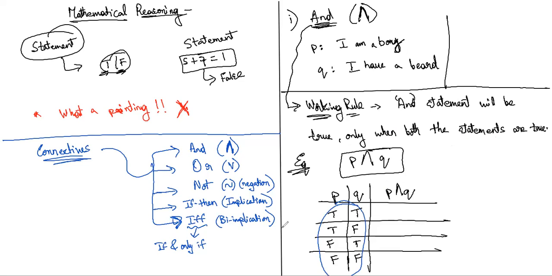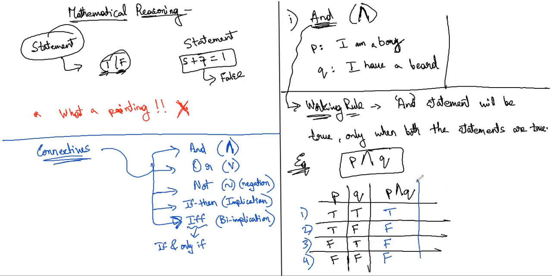Out of these 4 possibilities, in which possibilities are both the statements true? One, two, three, four. Which statement will be true? Sir, one will be true, the rest will be false. Okay.